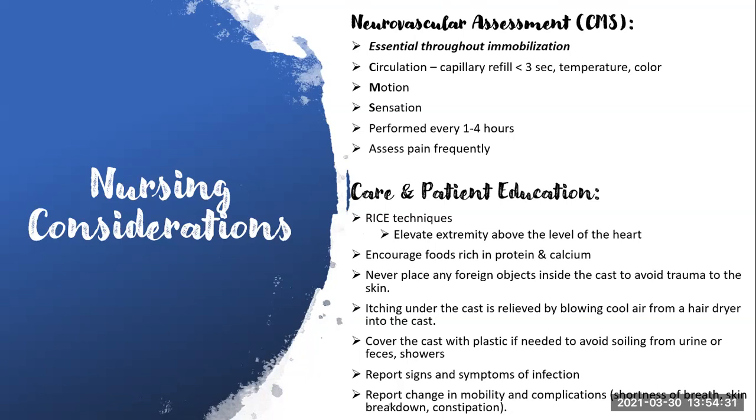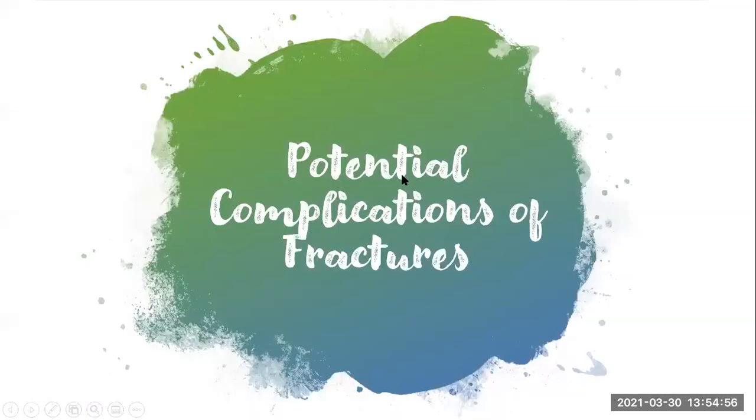For the children with the spica cast, you're going to need to protect the perineal area and protect that cast from getting wet or soiled with urine or feces. And any cast, they need to waterproof it before taking a shower, whether that's wrapping it in plastic, whatever.